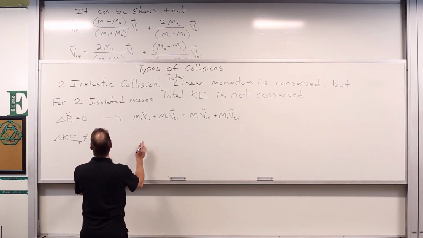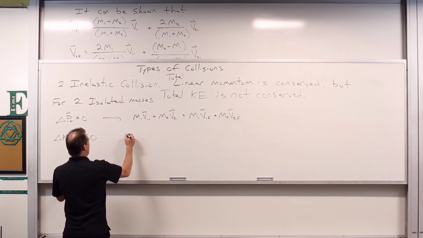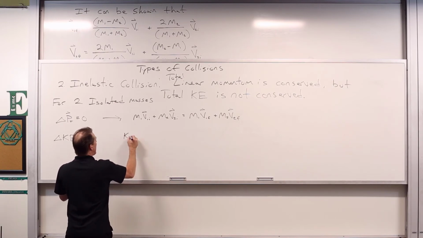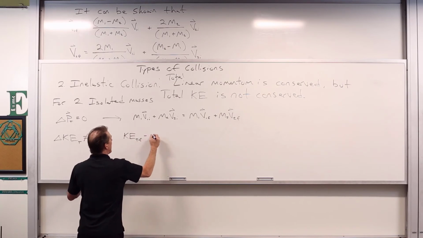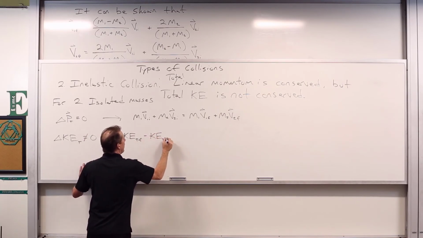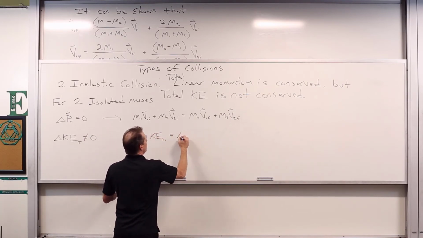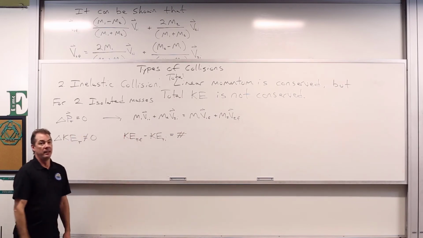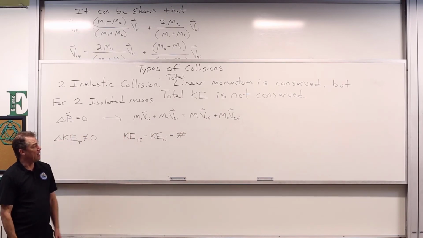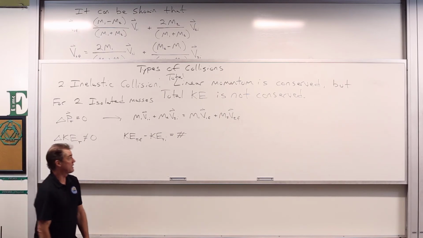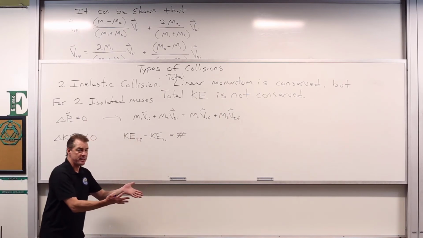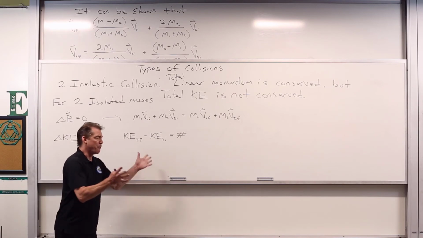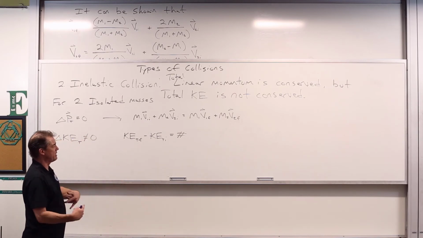So we can have ultimately that KE total final minus KE total initial is equal to some number. And depending on whether that number is positive or negative is really correlated with, was the overall energy increased? Did something give more energy to the system, or was energy taken away?